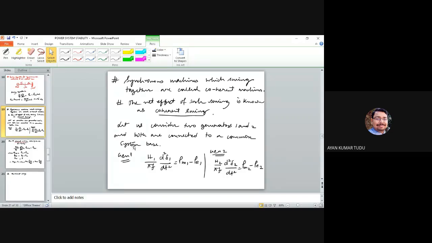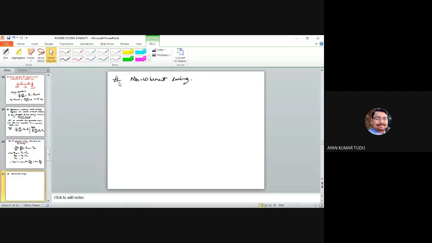If we subtract them, we get d2 delta 1 by dt square minus d2 delta 2 by dt square equal to pi f into (Pm1 minus Pe1) by H1 minus (Pm2 minus Pe2) by H2.